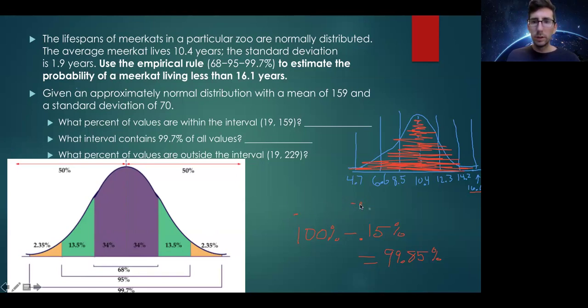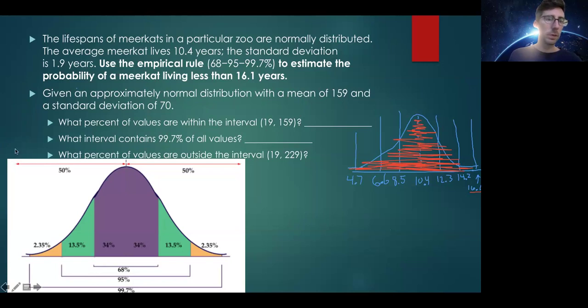Okay. And so lastly, looks like we're given an approximately normal distribution with a mean of 159 and a standard deviation of 70.